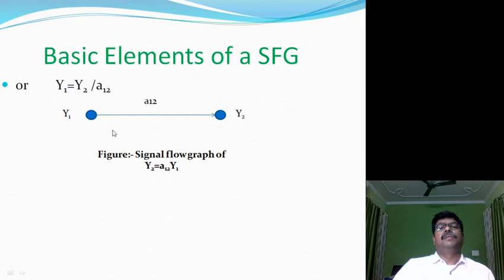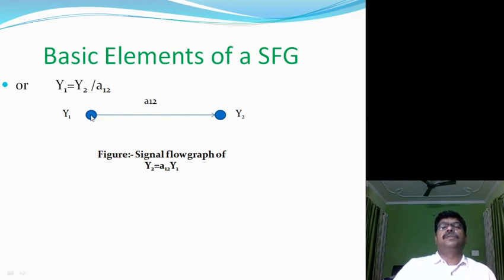In this figure you can see this is the input node and this is the output node. So the gain between these two nodes is a12, so you can write y2 equal to a12 into y1, or y1 equal to y2 upon a12.